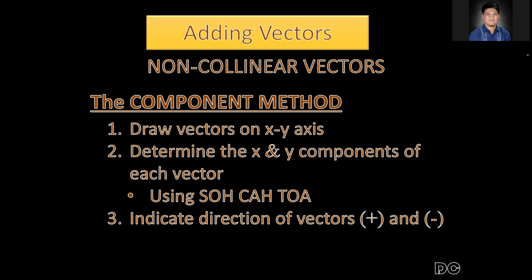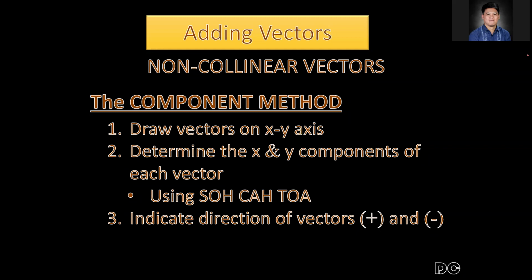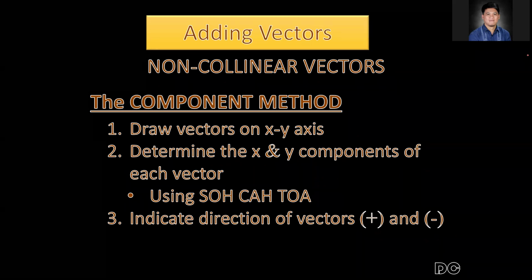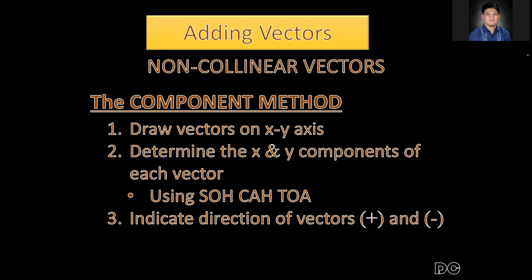For the y component, y is positive if it is on the first and second quadrant, and y is negative if it is on the third and fourth quadrant. So that is how to determine the direction of vectors, if it is positive or negative.